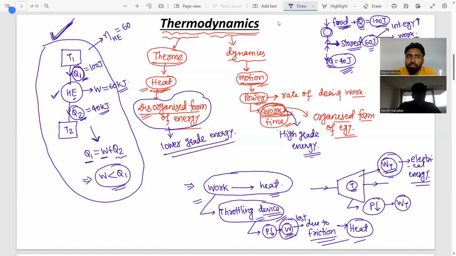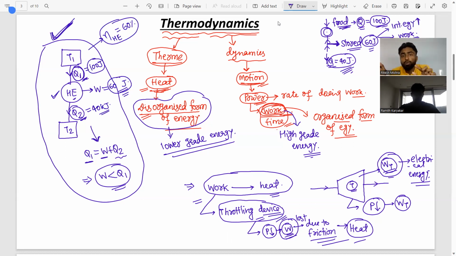As we know, efficiency is the ratio of output and input. Here output is 60 joule and input given is 100 joule. Sorry, I have written kilojoule here, it is only joule. So the efficiency of this heat engine is 60%.